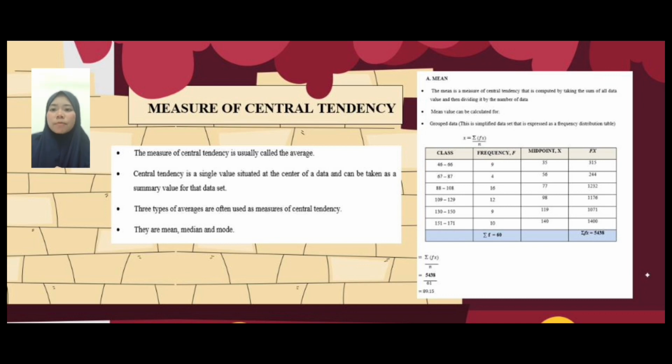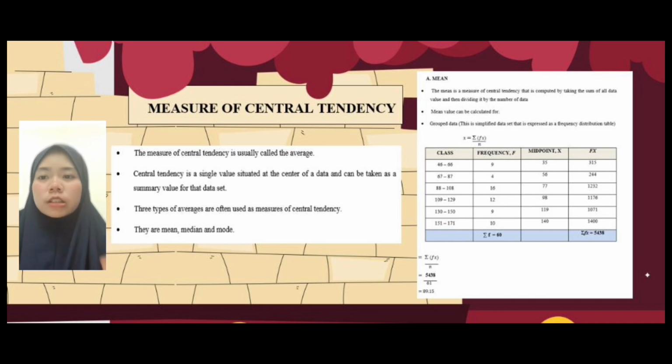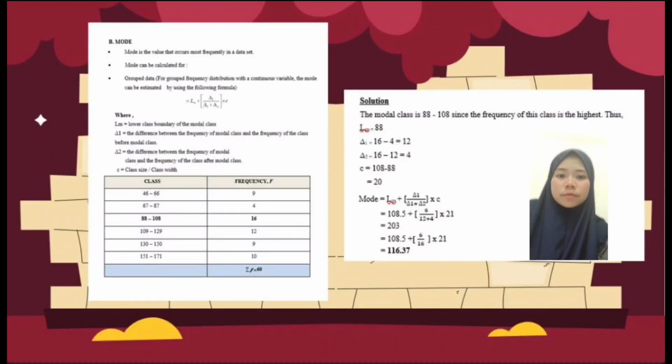Mean value can be calculated for grouped data. In a table we have class, frequency, and midpoint. The total amount of the mean is 39.15. Next is about mode.